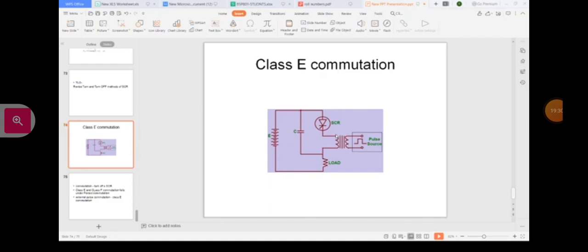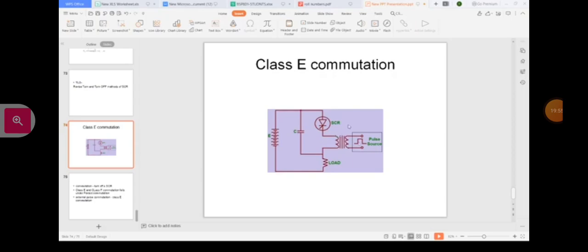The voltage at the secondary of the pulse transformer will appear across thyristor T1 as a reverse voltage and it will turn it off. This is the concept of class E commutation.